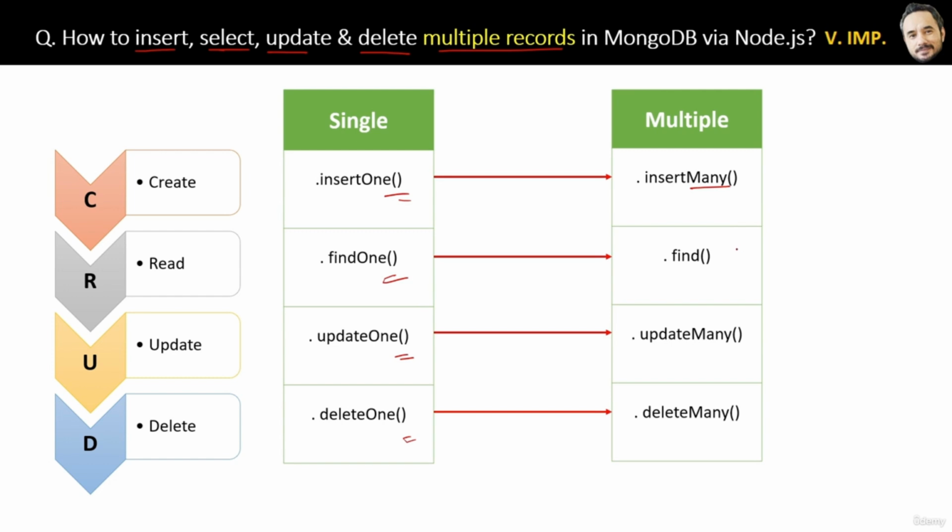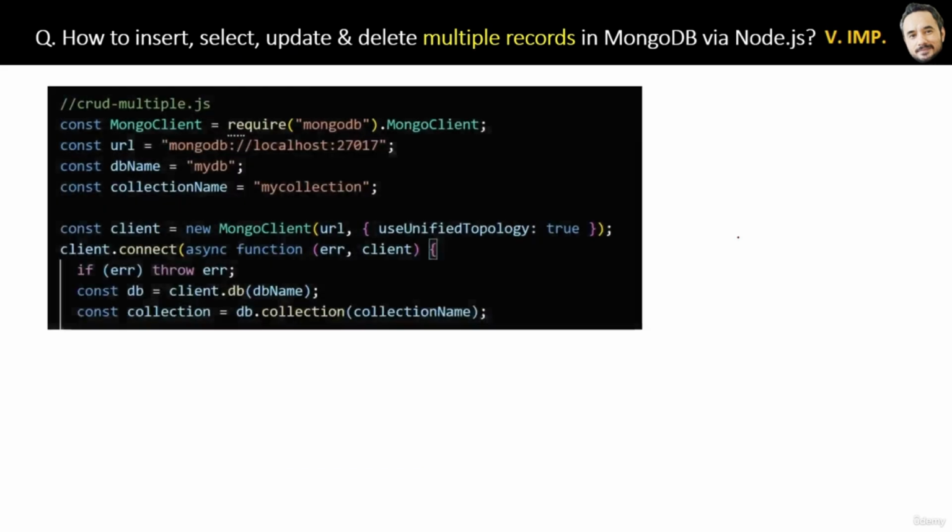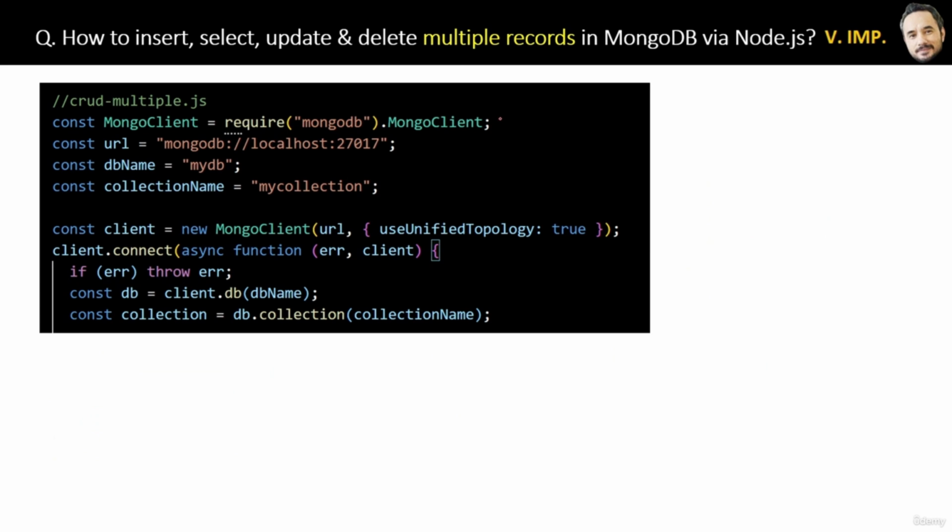Now their code is almost similar to the single record methods, and here is the code. First we are setting up the connection with the server URL, DB name and collection name. Then we are creating a client instance of the MongoClient class. Then we connect using this instance, and then we get the database object and then the collection object. All this we already performed earlier also, right?